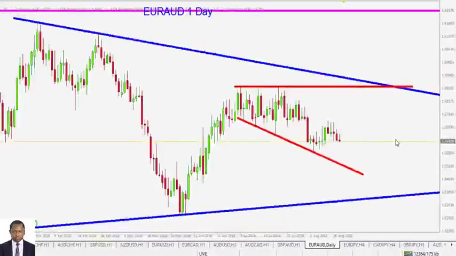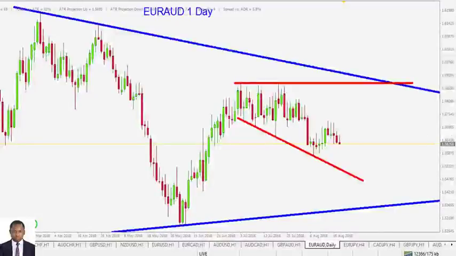The euro against the Australian dollar, quite a mix. We traded this last week but closed out again. Looking at that area here as resistance, we were short somewhere there. We closed out quite early. Again, we have that level there, which is the counter trend line and also support zone.